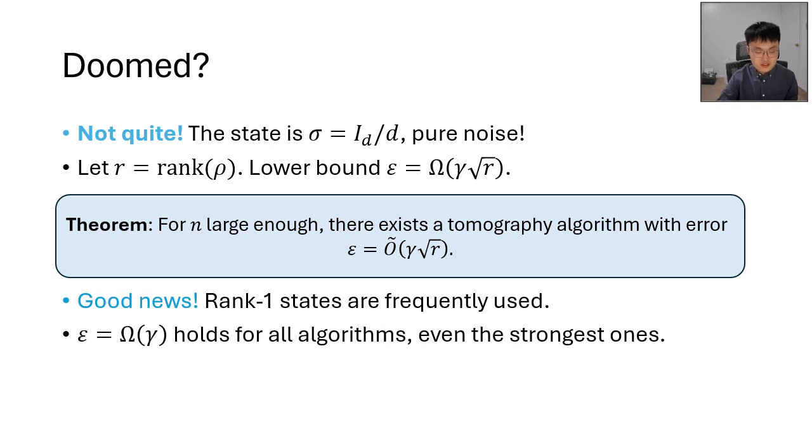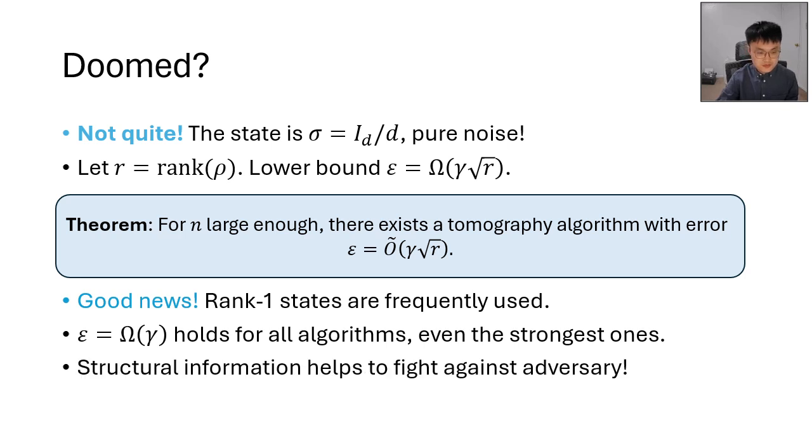We want to mention that the lower bound of gamma is an information theoretic limit for all algorithms, even for the strongest ones that we have not introduced here. So this sends a very important message that if we have structural information about the state, it can help us to learn the state robustly.